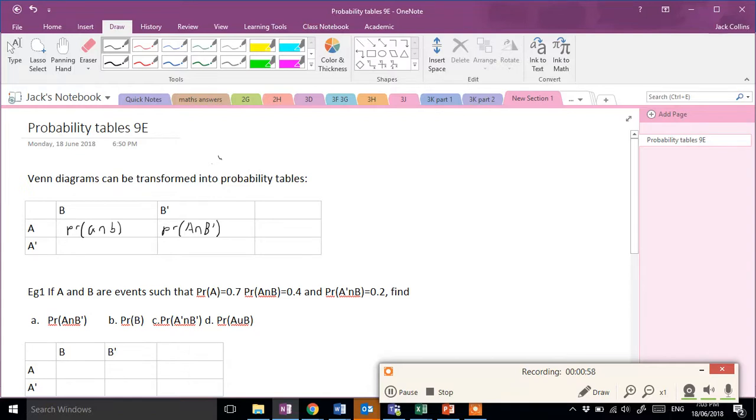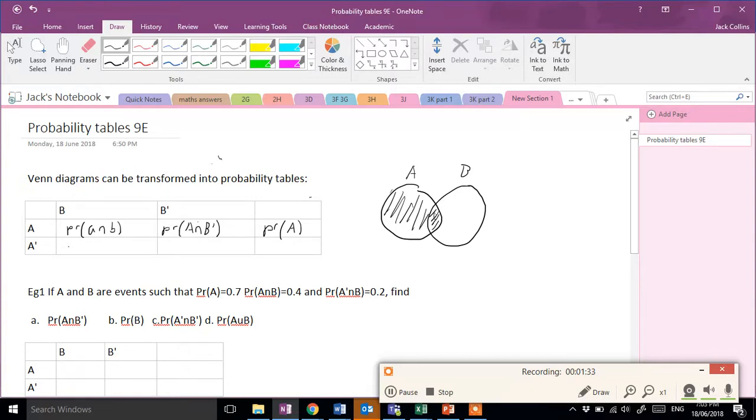So if this is the intersection, so if we're drawing this out here, the first one is the intersection here, and then probability of A and not B would be this stuff here. Then if we add these two together, like we would in a regular table, we'd get the probability of A. Because we've got the intersection plus the probability of A and not B, so eliminating this intersection here, you also have the probability of A.